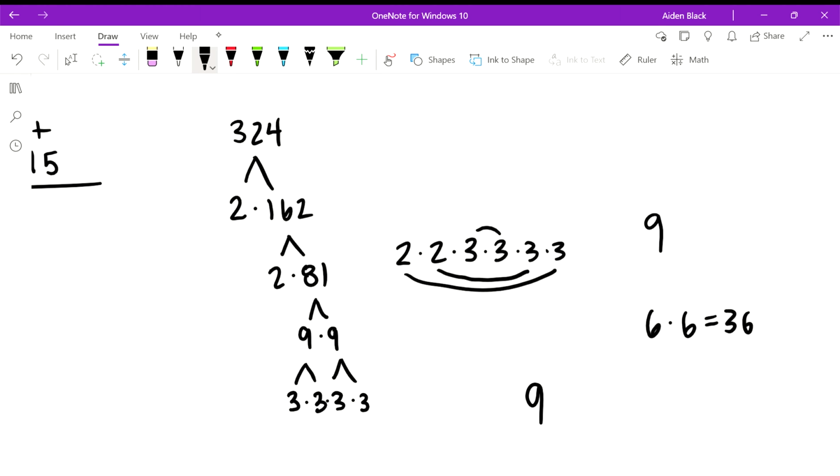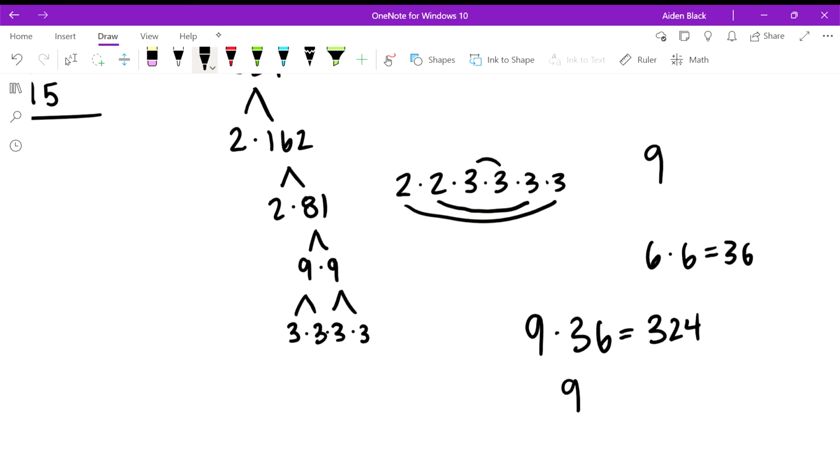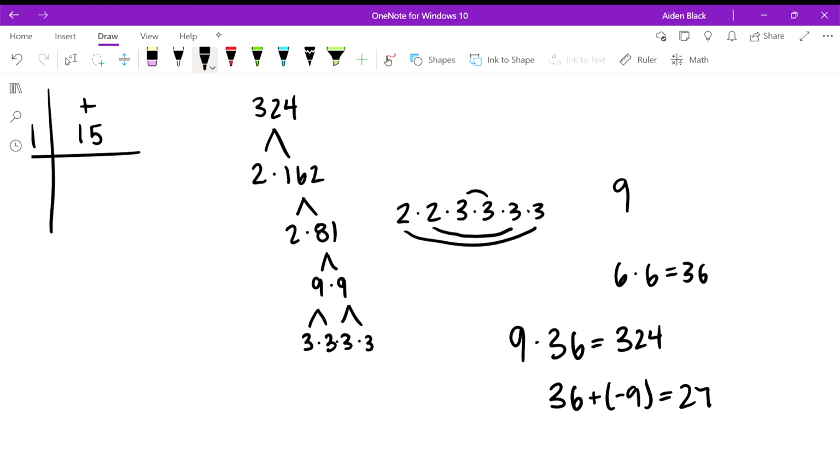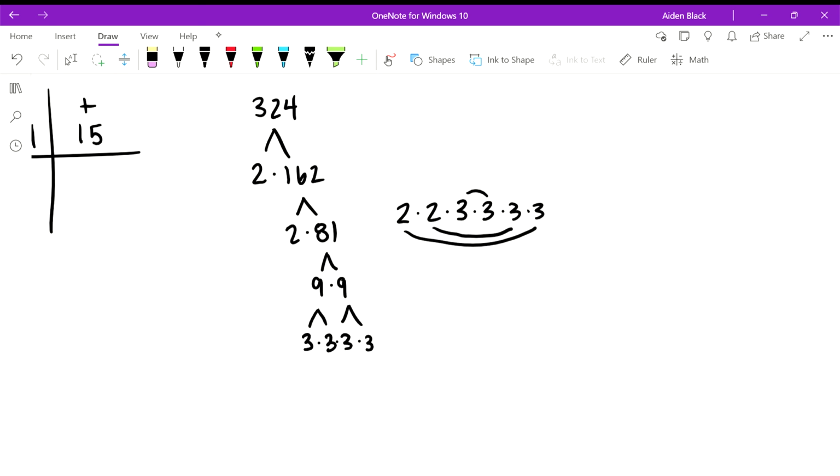In this case, we know 9 times 36 equals 324. Now if we took 36 and added negative 9, we would end up with 27. Oh man, that's not the number we want. Let's see.